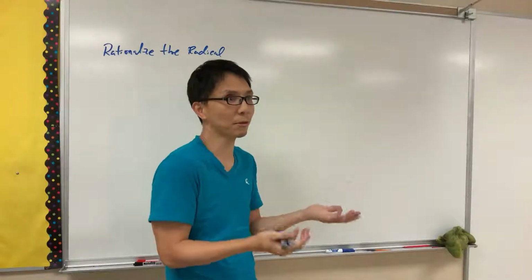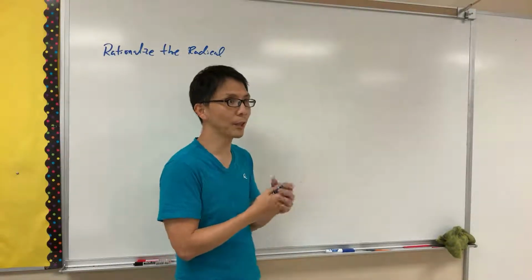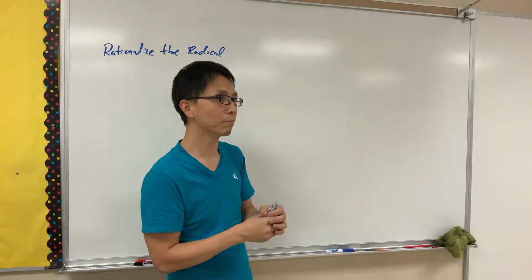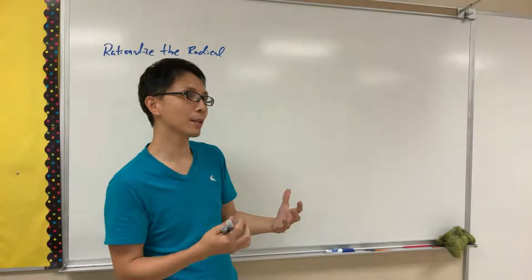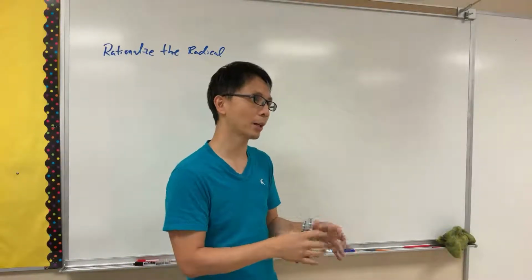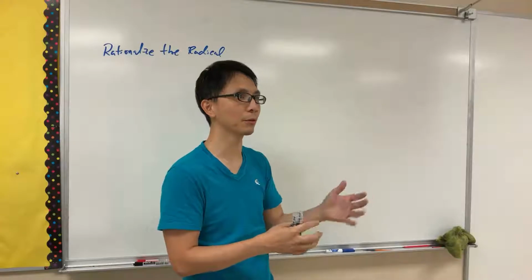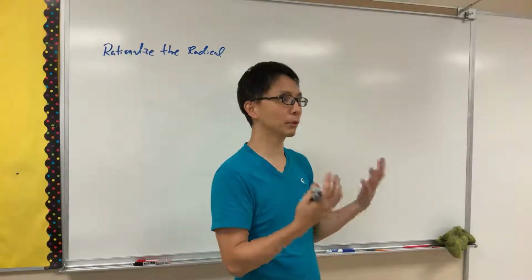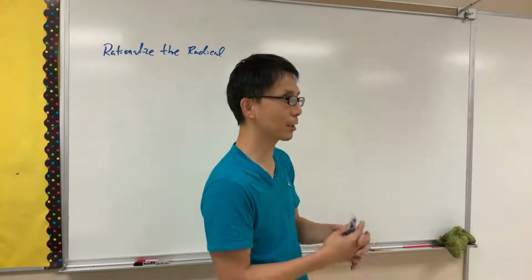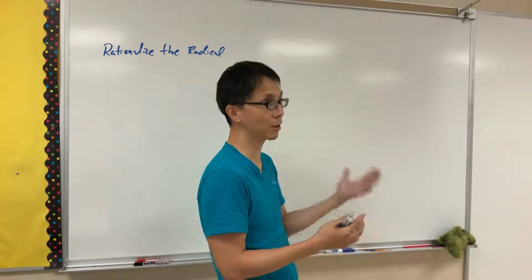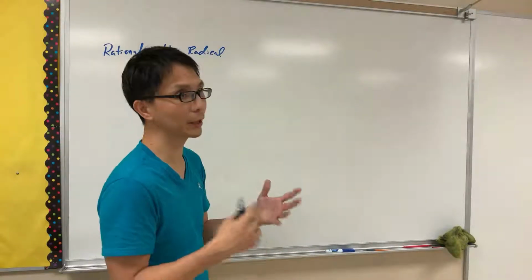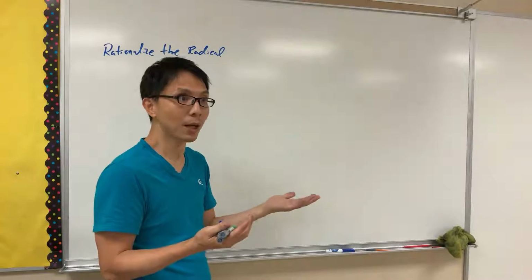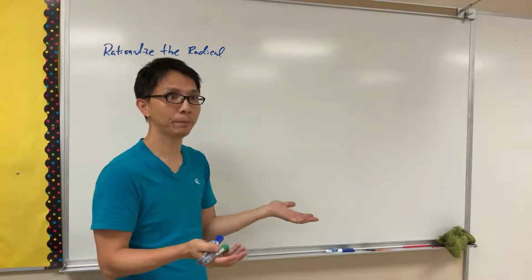Sometimes you even have to rationalize the numerator. In calculus class, in different cases, we have to rationalize the numerator. So a lot of times we tend to tell you one thing, but when we go on to a higher level, we start telling you it's no longer that way. But here we just need to know the technique. What does rationalize mean? It just means get rid of the radical in certain places. So usually you rationalize the denominator, but sometimes you do have to rationalize the numerator, okay?